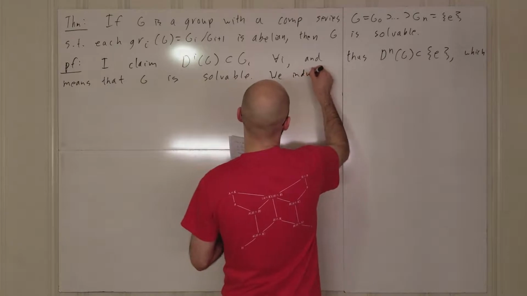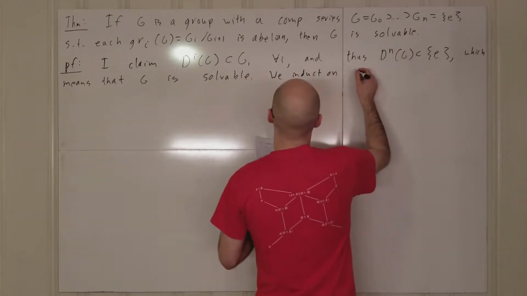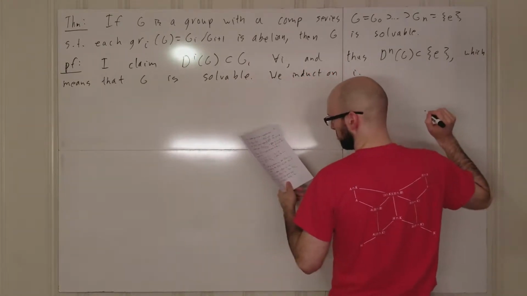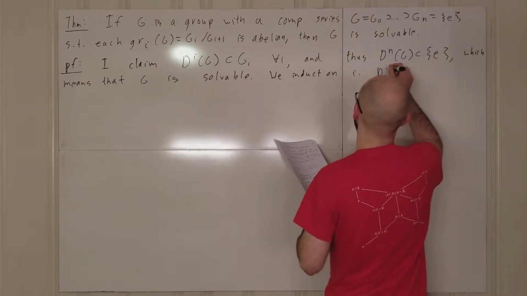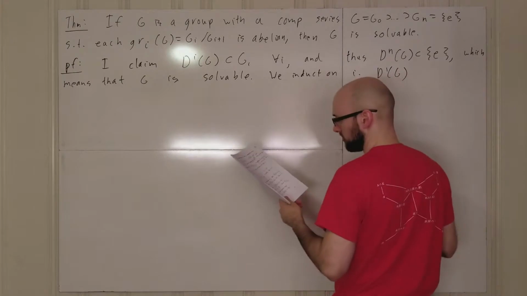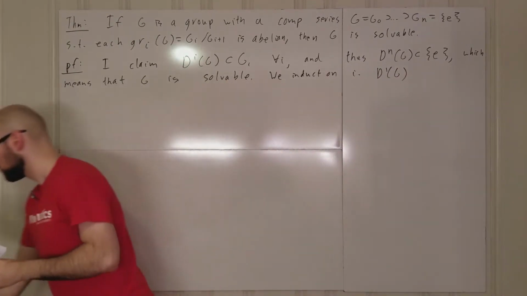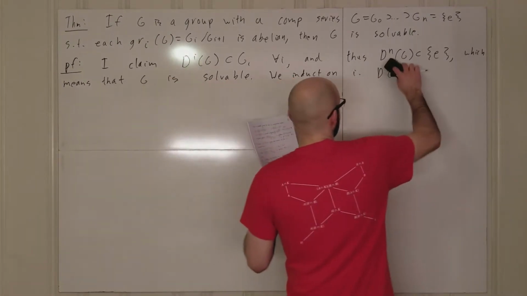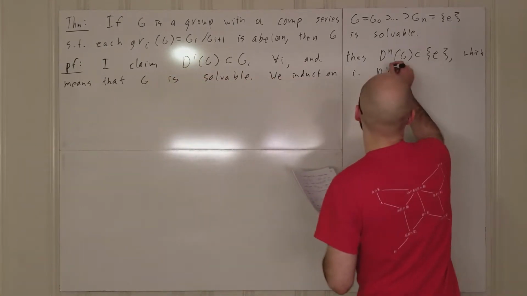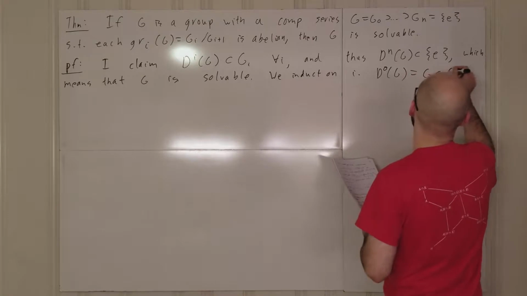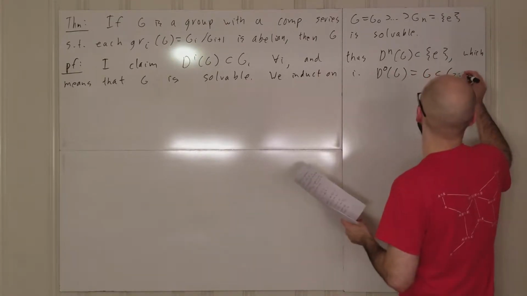We induct on i. We're going to start at 0, because D^0 G equals G, which is contained in G_0.